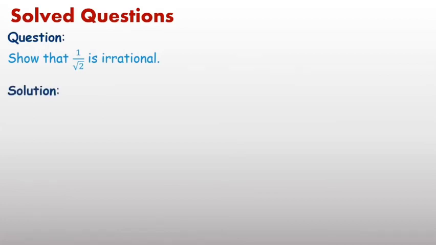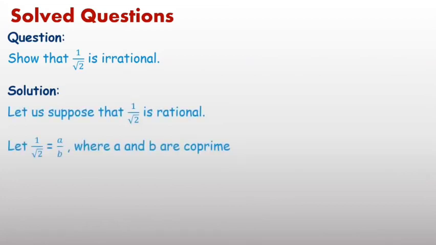Similarly, 1 upon root 2, to prove as irrational. Same process. Let 1 upon root 2 be a rational number, means 1 upon root 2 equal to a upon b, where a and b are co-prime.